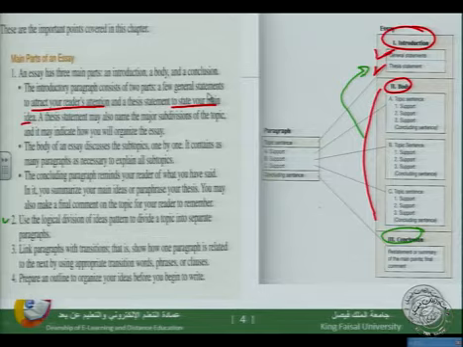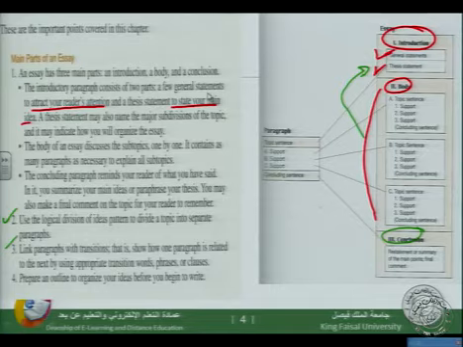Again, we have learned how to use logical divisions of ideas pattern to divide the topic into separate paragraphs, and then how to link paragraphs with transitions. That is, show how one paragraph is related to the next by using appropriate transition words, phrases, or clauses.